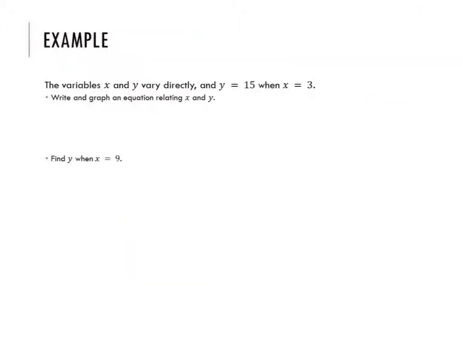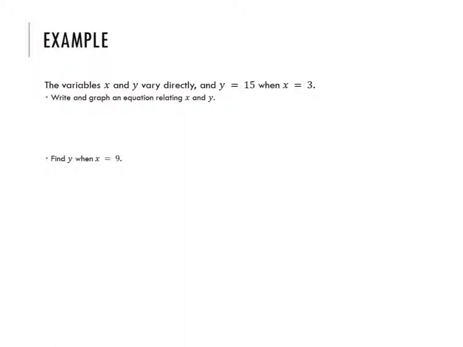Typically the problem will tell you if your variables have a direct variation, and this one does. It says the variables x and y vary directly, and y is 15 when x is 3. First, we want to write and graph an equation relating x and y.